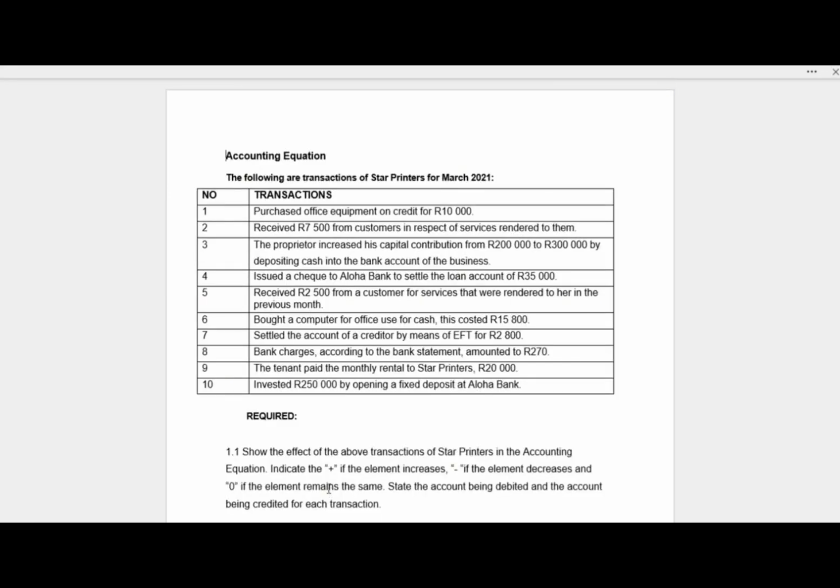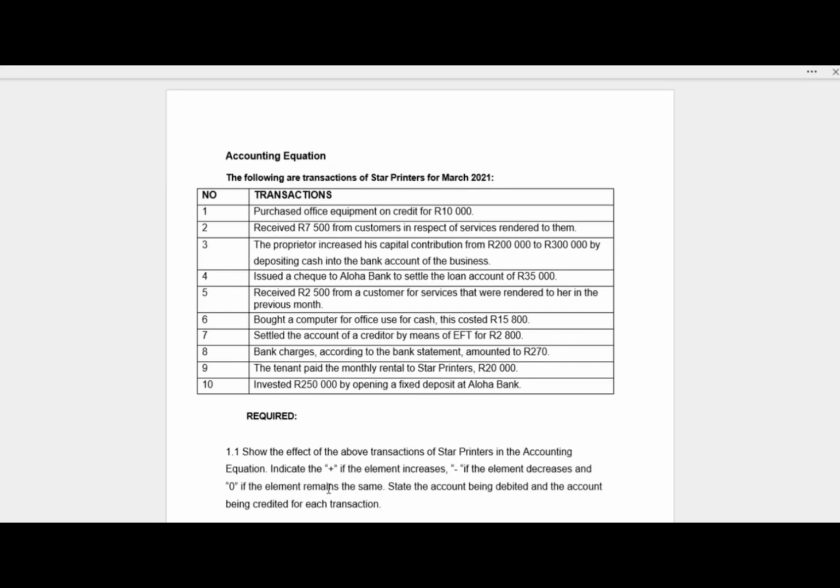The next transaction is transaction number 8. They say bank charges according to the bank statement amounted to 270. So it means you paid bank charges, because remember, why are they saying bank charges according to the bank statement? They don't inform you, they just deduct. As you receive your bank statement as a business, you will see, oh, this is the total amount of bank charges that I've paid. So basically in this transaction, you've paid bank charges.